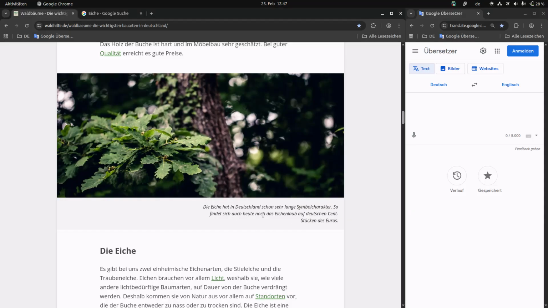So findet sich auch heute noch das Eichenlaub auf deutschen Centstücken des Euros.